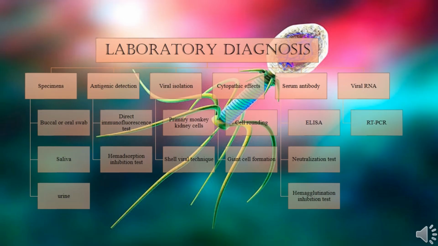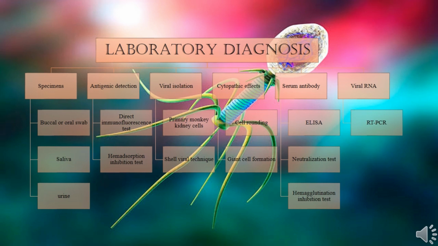Laboratory diagnosis of human parainfluenza virus. The specimens may be taken from buccal or oral swab, saliva and urine. Direct immunofluorescence test and hemadsorption inhibition test are used for the antigenic detection of the virus. Primary monkey kidney cell and shell vial technique are used for the isolation of parainfluenza viruses.